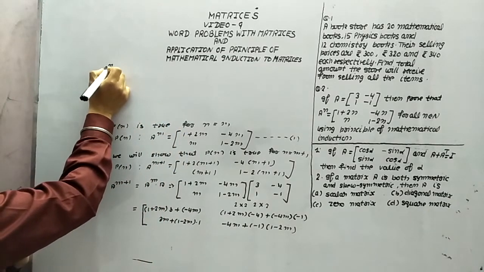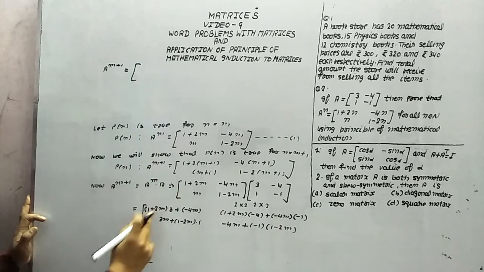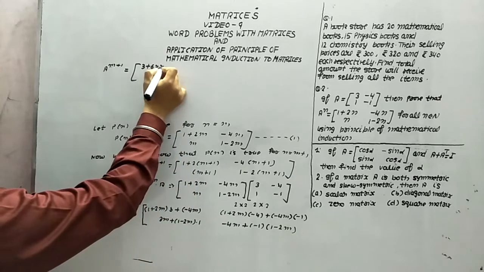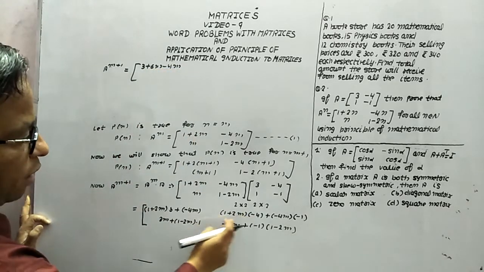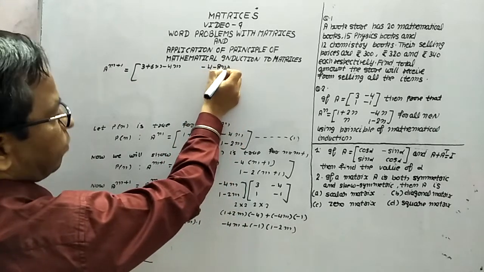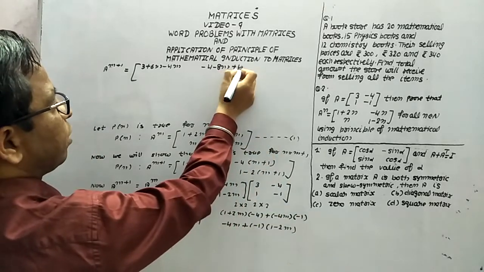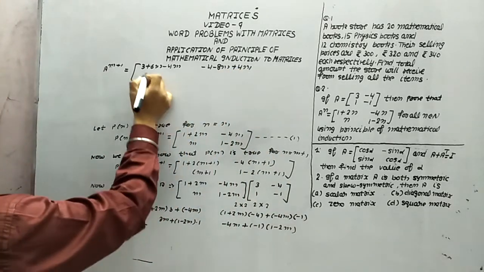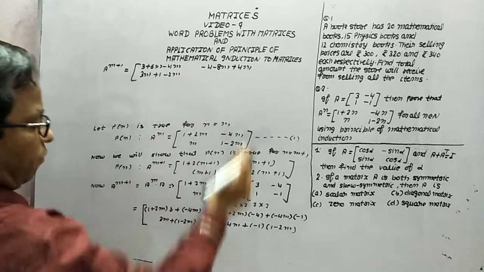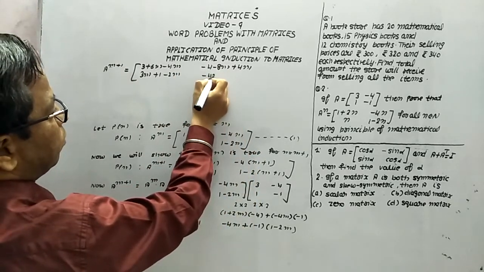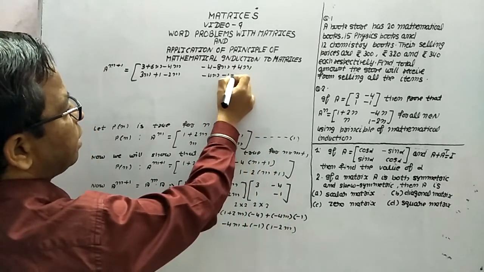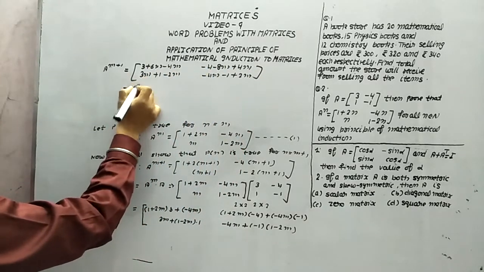After calculation, A^(m+1) is equals to: 3+6m-4m, -4-8m+4m, 3m+1-2m, and -4m-1+2m.